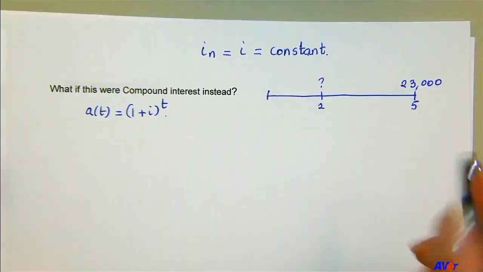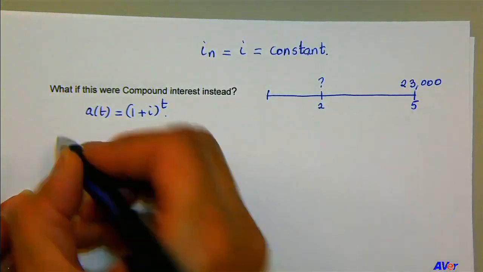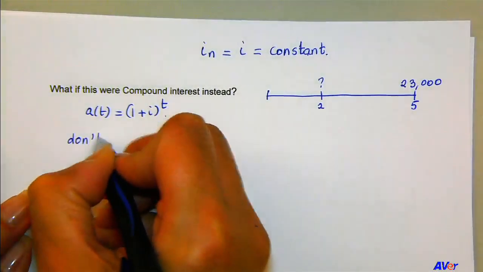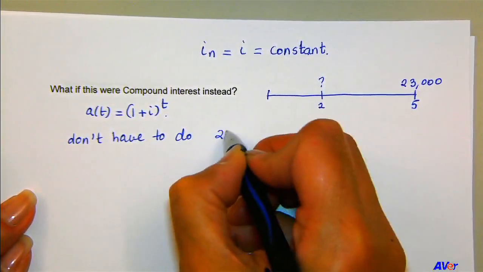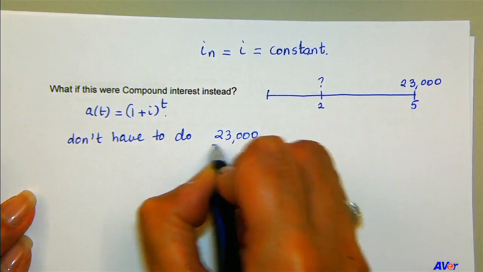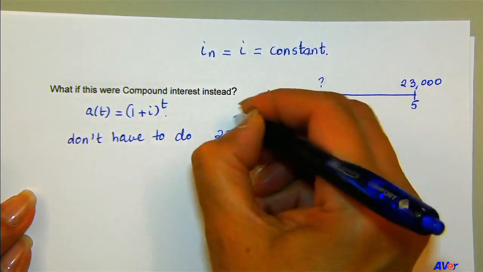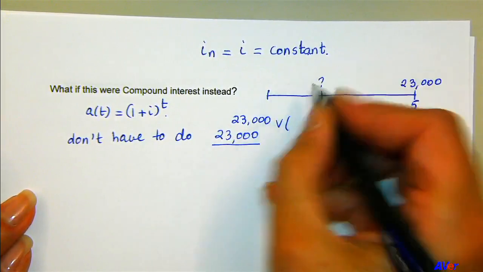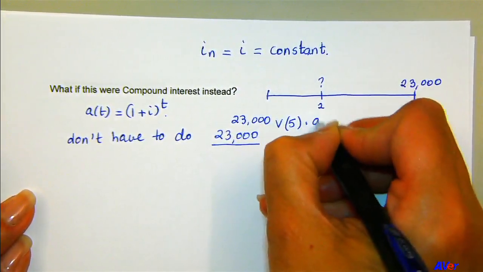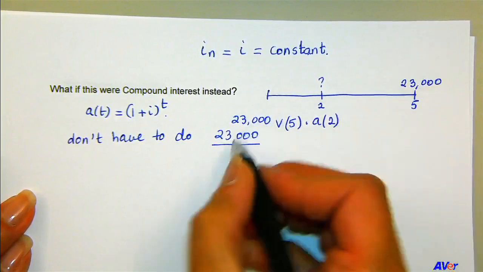Right? Well, that means that I don't have to do 23,000 times V of 5 times A of 2, and you'll see why in a minute.